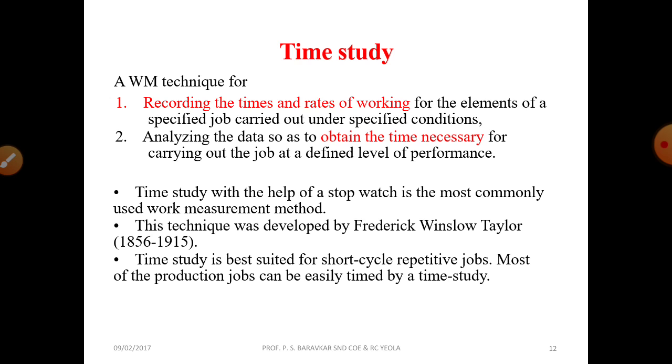Time study with the help of a stopwatch is the most commonly used work measurement method. This technique was developed by Frederick Winslow Taylor, 1856 to 1915. Time study is best suited for short cycle repetitive jobs. Most production jobs can be easily timed by a time study.